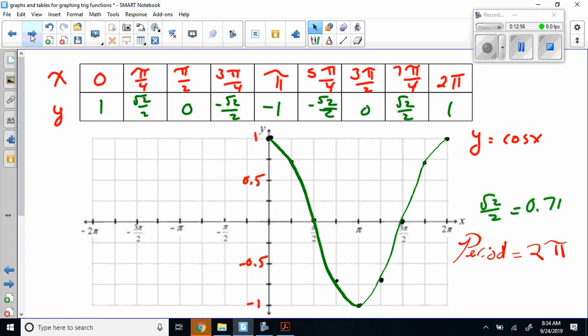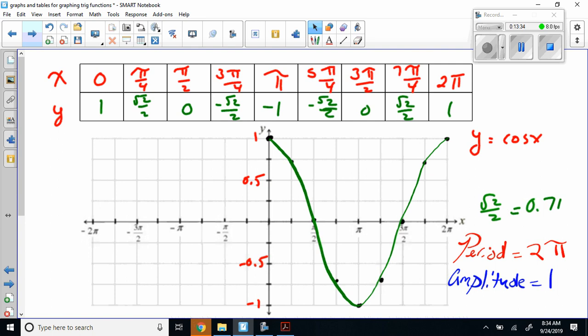Okay, so when we get into transformations, we're going to be looking at things such as amplitudes. So the amplitude on this is how far does it go up from 0. So what's the amplitude for a basic sine wave? 1, right? From the middle all the way to the top is how many units? 1 unit, right?